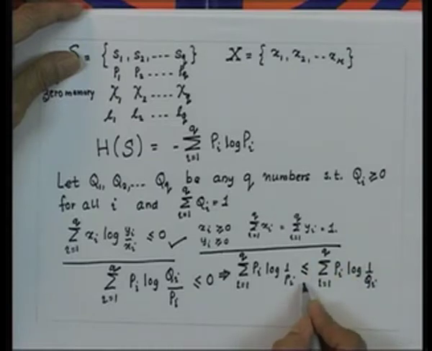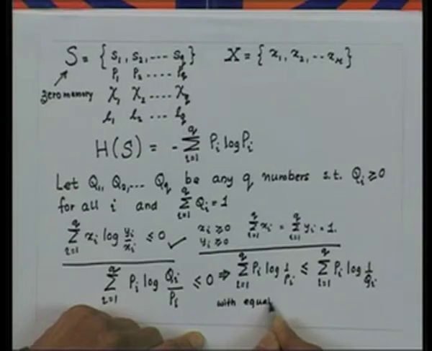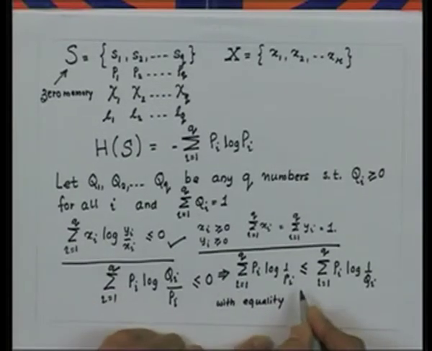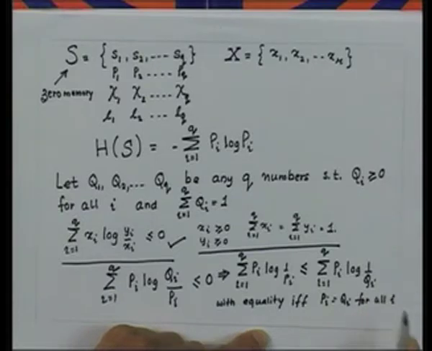This will be an equality if and only if Pi is equal to Qi for all i.